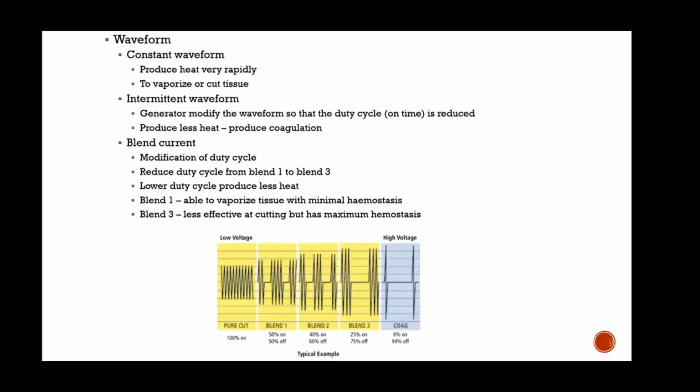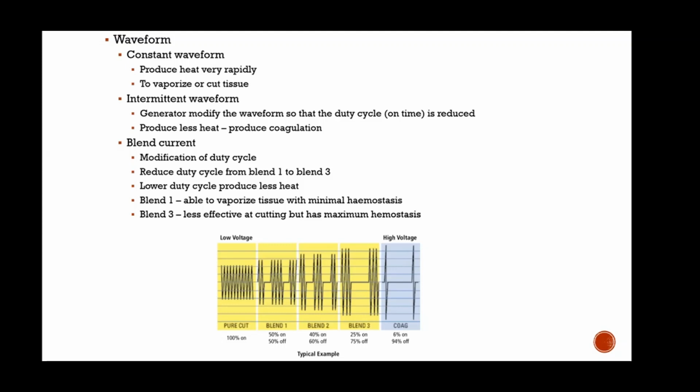For monopolar diathermy, we must understand the concept of waveform. You have either constant waveform, intermittent waveform, or blend waveform. A constant waveform means there is no interruption, so it produces heat very rapidly.